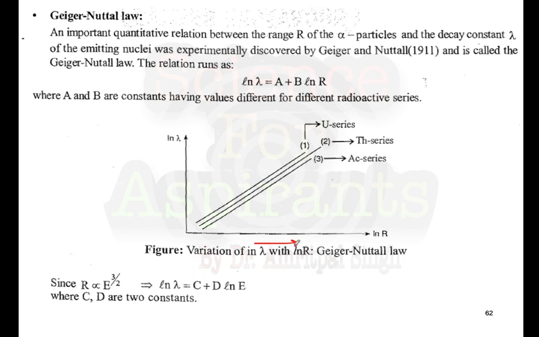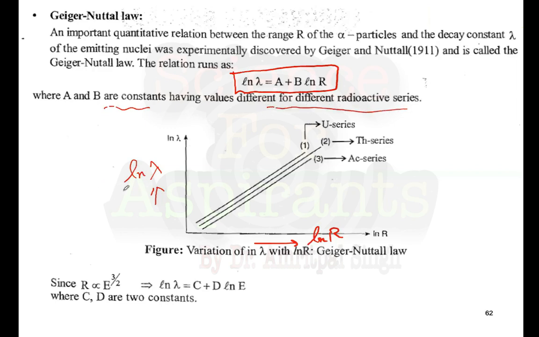On this side they took the logarithmic value of range, and on this side the logarithmic value of the decay constant, and they found that the points fall on a straight line. The logarithm of lambda is equal to a plus b times the logarithm of R, where a and b are constants having different values for different radioactivity series.